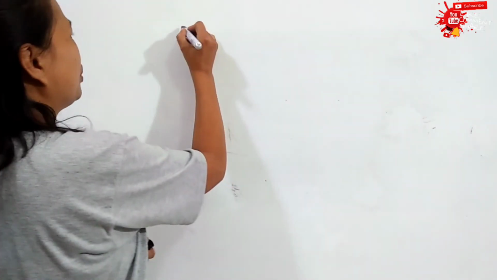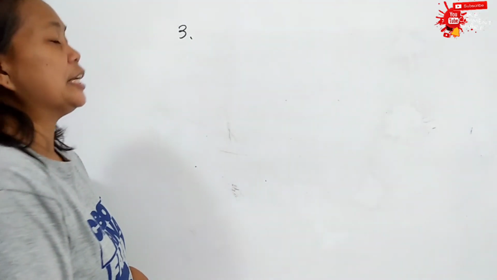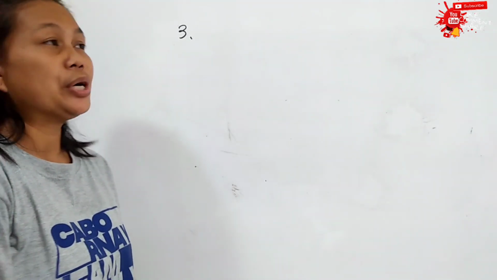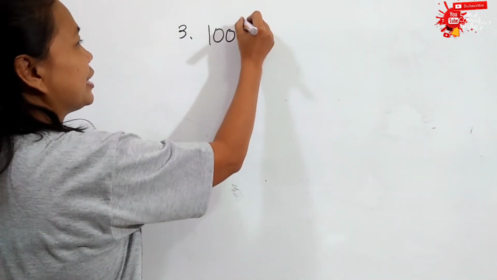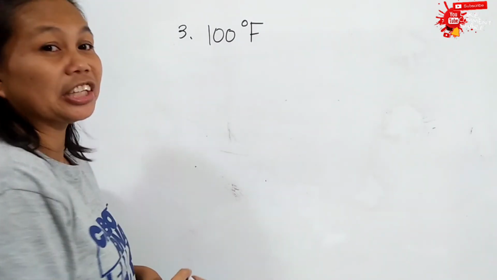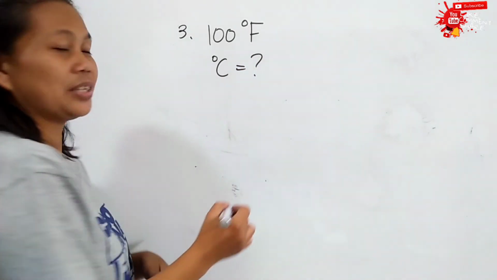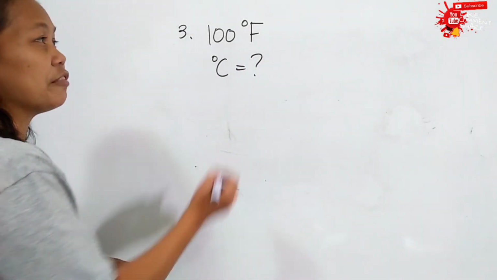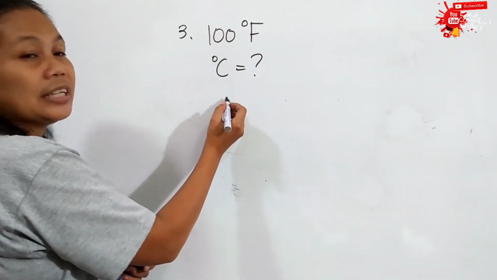Okay, let us discuss the solution for problem number 3. What will be our given from problem number 3? The body temperature of the boy is 100 degrees Fahrenheit. So we need to get the temperature in degrees Celsius. Let us convert 100 degrees Fahrenheit to degrees Celsius.